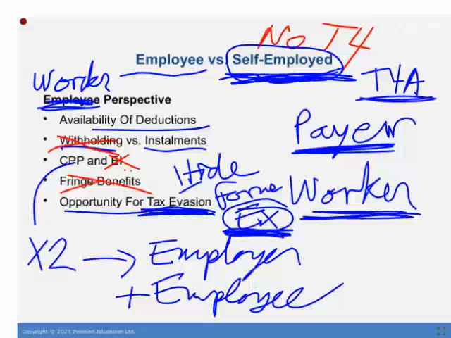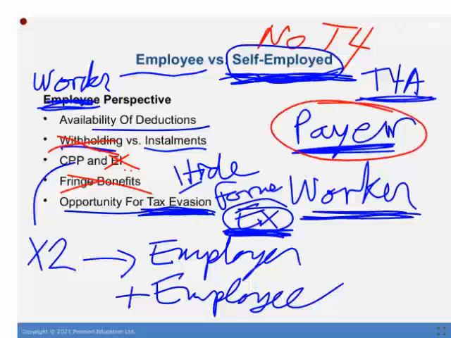What ends up happening 99 times out of 100 in these scenarios is that the problem is going to be for, firstly, the payer. They're the one who's going to get in trouble first, because if they go under audit, one of the things that CRA will look for under, say, just a routine payroll audit is what individuals are getting paid by this company.